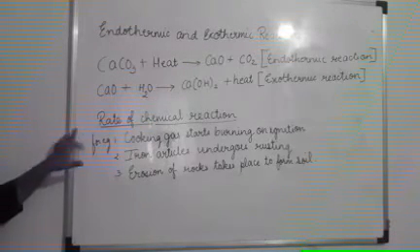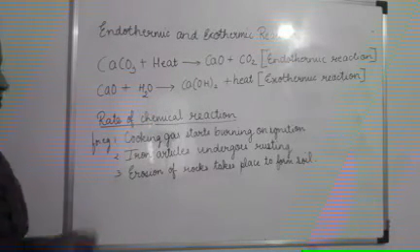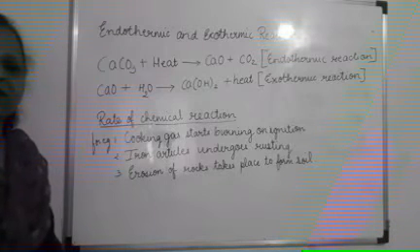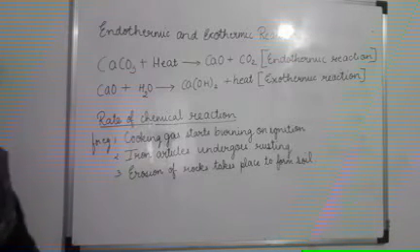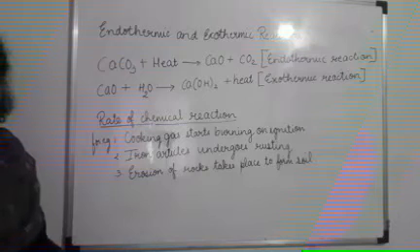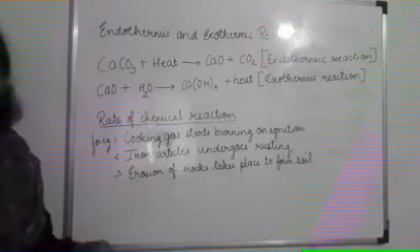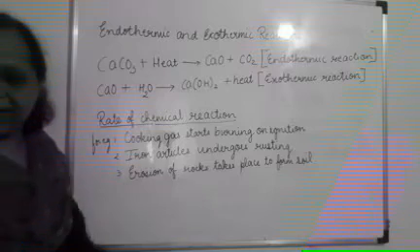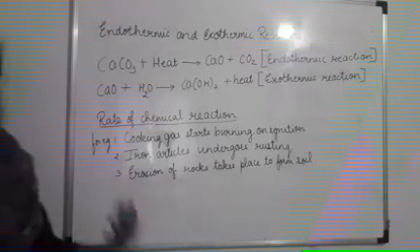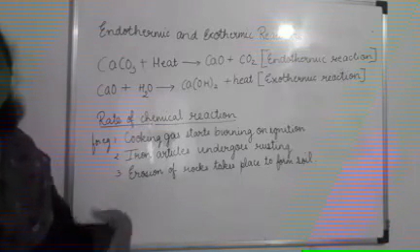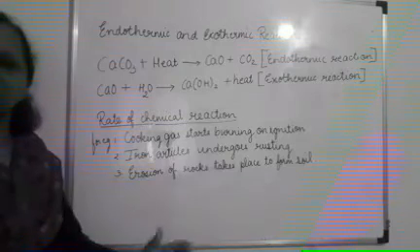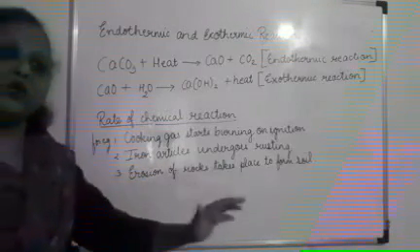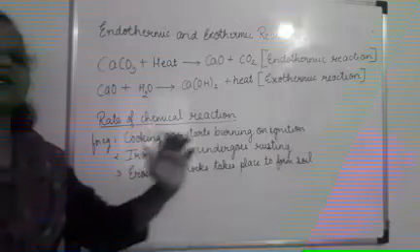Now, what do we mean by rate of chemical reaction? Some chemical reactions are completed in a very short time. They occur very quickly, or rapidly. Some chemical reactions take a longer time to complete, so the reaction takes place very slowly.